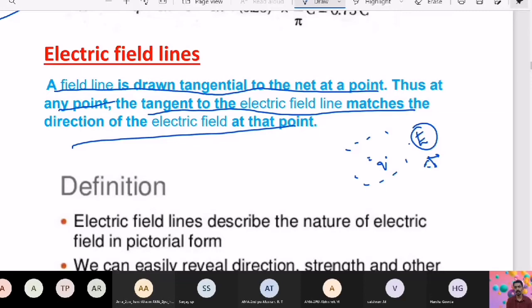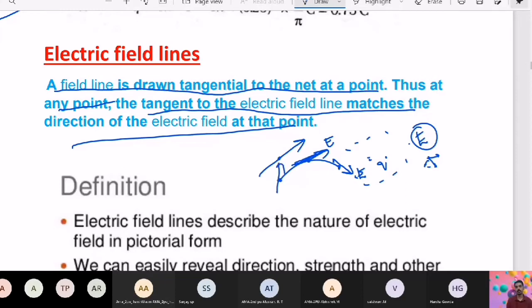What that means is, in the region of electric field, you need to imagine a few lines such that at any one point, suppose this is the field line, at this point, if you draw a tangent to that line, that is the direction of electric field. Suppose at this point, if you draw a tangent, this is the direction of electric field.